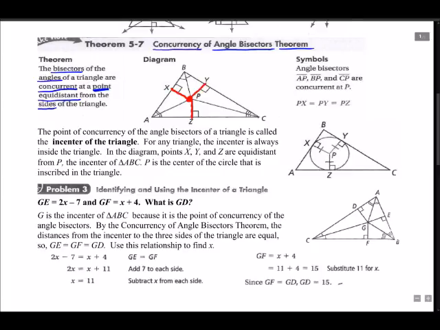And how do we measure distance? Distance is always measured perpendicular. That's the importance of these right angles here. We know we are measuring a perpendicular distance. So we have equal length of segments PX, PY, and PZ.